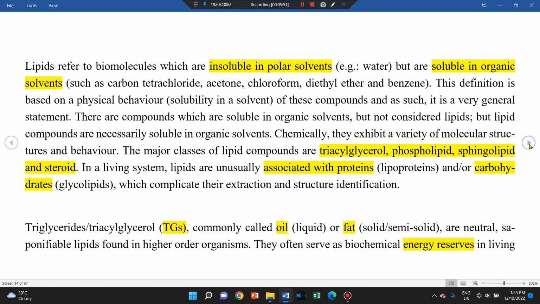Then you have sphingolipid. Now you don't have the glycerol backbone, but you have instead sphingosine as the backbone, with also variation in the fatty acid attached to it. And steroids such as cholesterol, estrogen, testosterone come under this group, to name a few; there are still more than that.